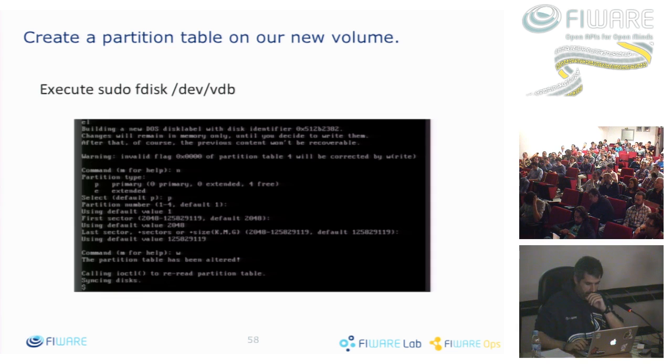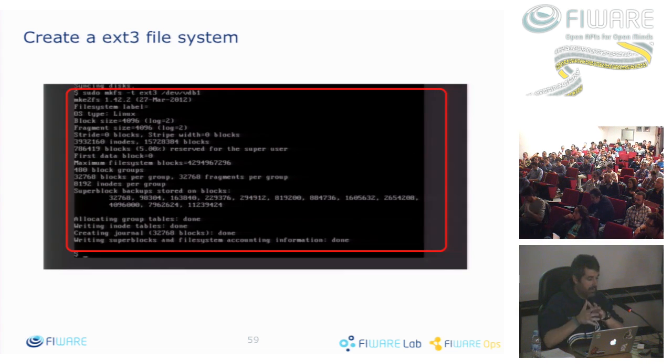Okay, but now you have prepared the volume, but you don't have any file system in this volume, this disk. Well, for example, I create an ext3 file system only. You only need to execute the command in order to make the partition in the Windows format.